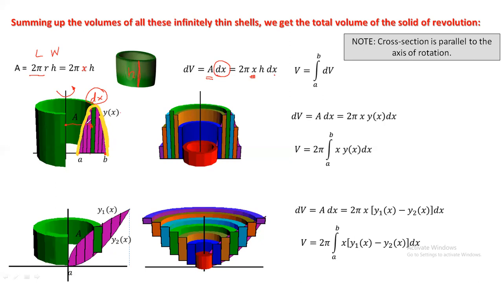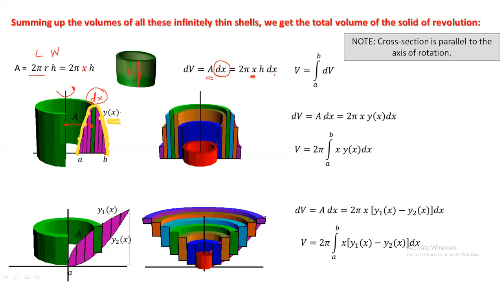This is different, this is different, y equal to x. This is different, this is different. So it is a different y of x for any point here on your equation y of x. What is important is it should be expressed in terms of x. Okay, let me just go back to the original thickness.